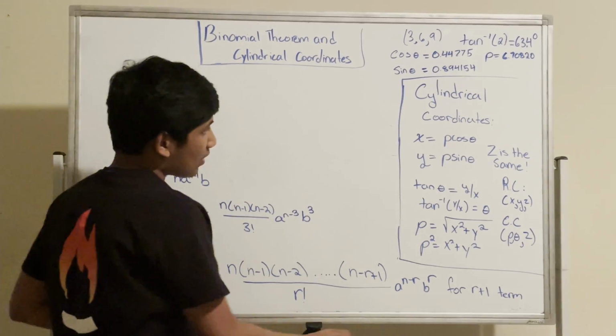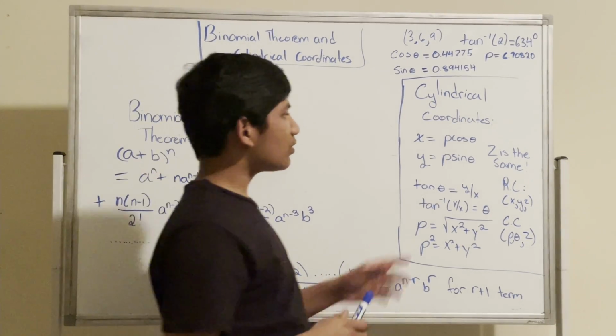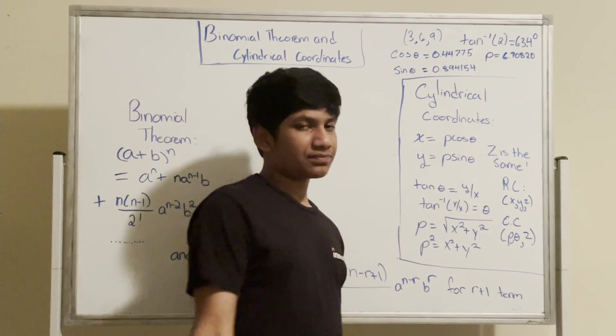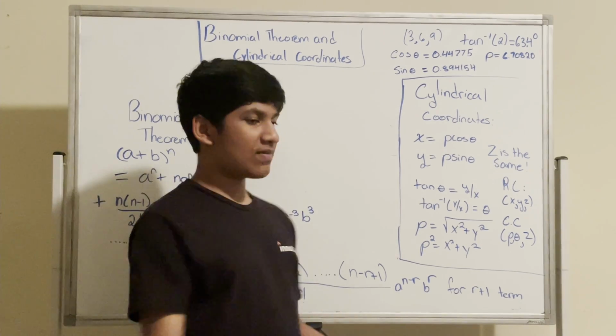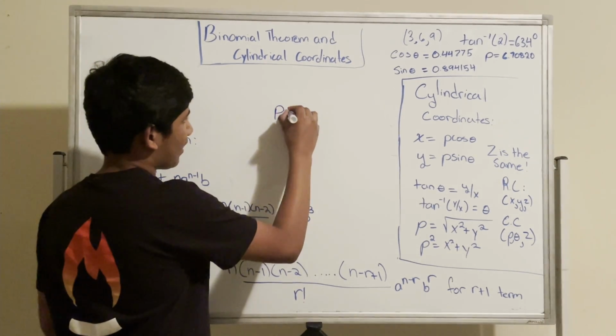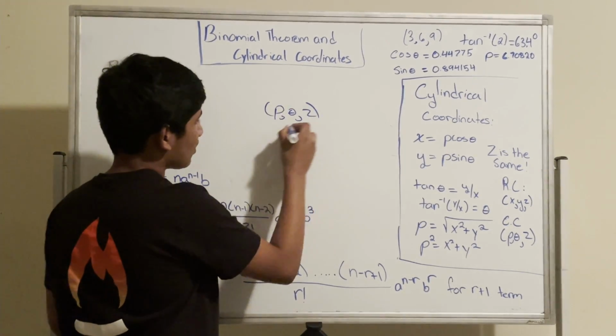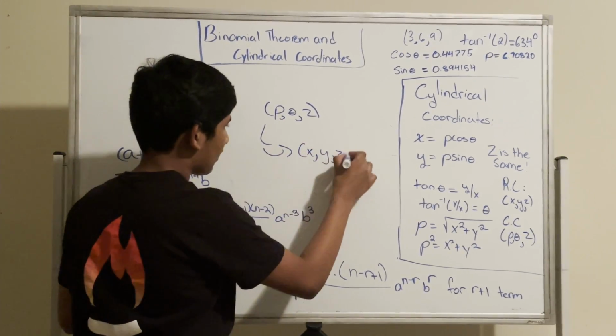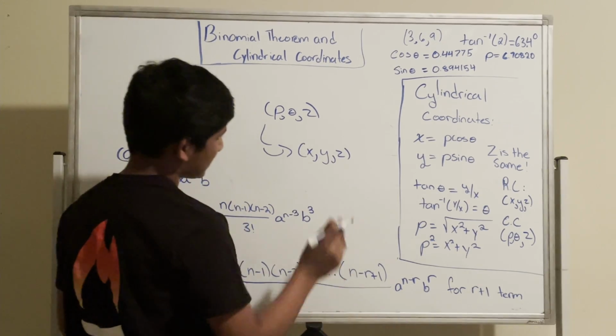Okay, so let's just say we know what theta is, and we know what p is. Z is the same, and they give us z. So if we have p, theta, and z, we can easily go to x, y, z. How? Well, z's are the same, obviously.